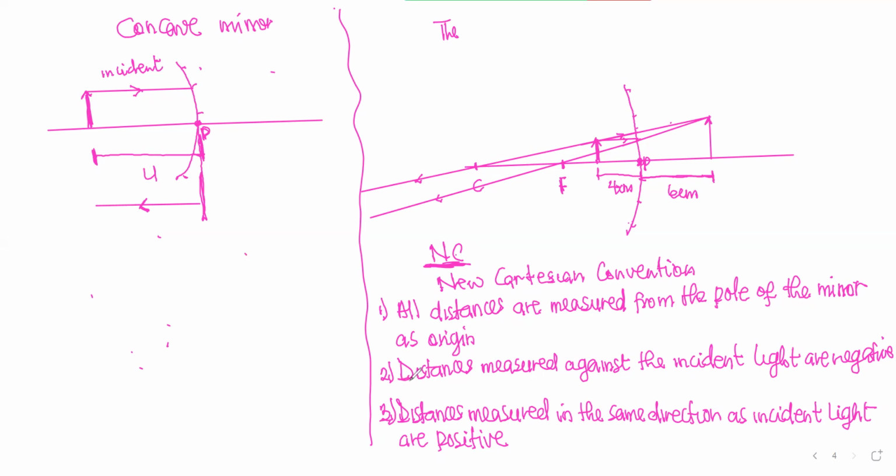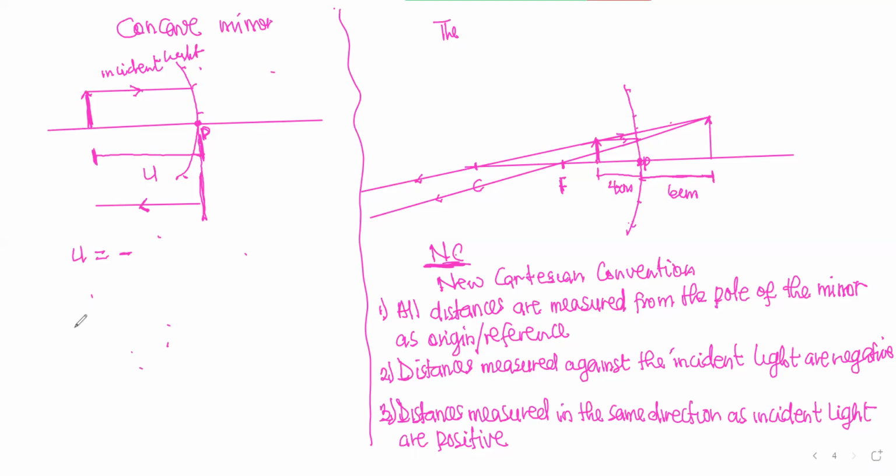Look at the first point: all distances are measured from the pole of the mirror as the origin or reference. And 2, distances measured against the incident light are negative. So straight away, because the direction of measurement of U is against the direction of incident light, under this convention U is negative.